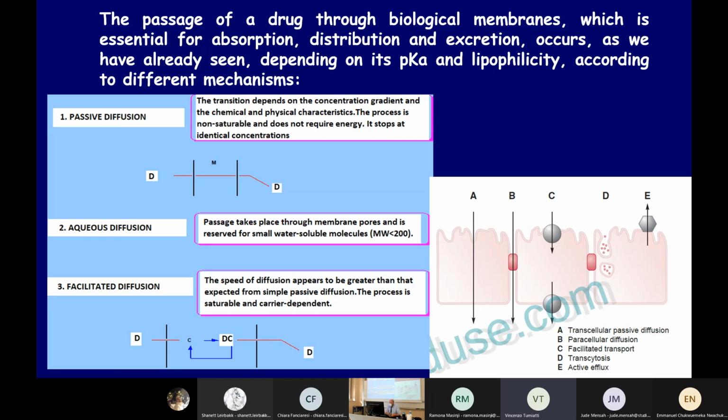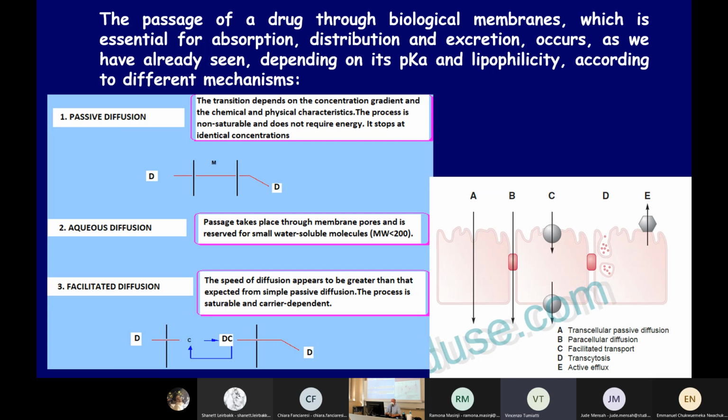Aqueous diffusion. Through the aquaporins, there are specific channels reserved to the passage of water molecules. And in this case, only water-soluble molecules can use this type of mechanism.